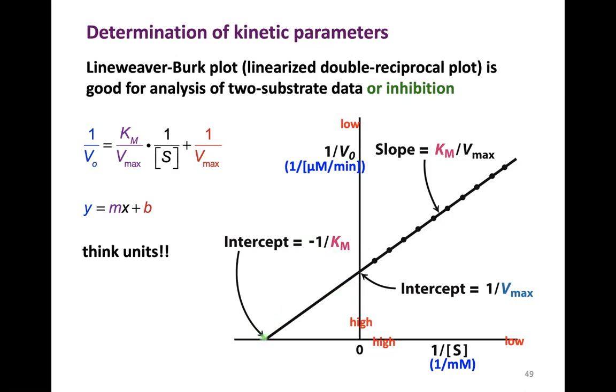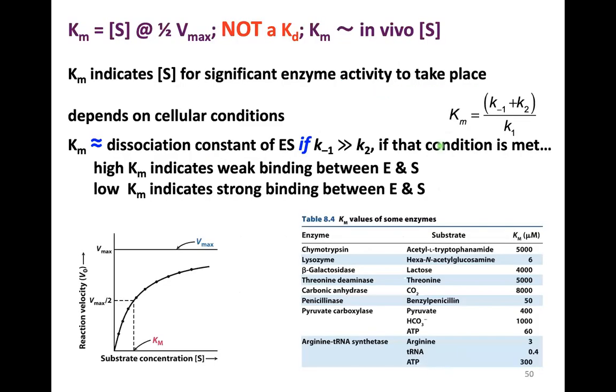The y-intercept is 1 over Vmax. The slope is the Michaelis constant over Vmax. And we'll come back to interpreting the Lineweaver-Burk plot when we start talking about various types of inhibition.